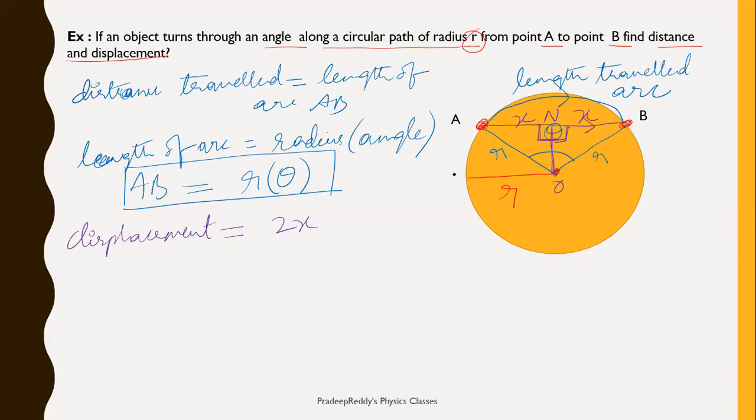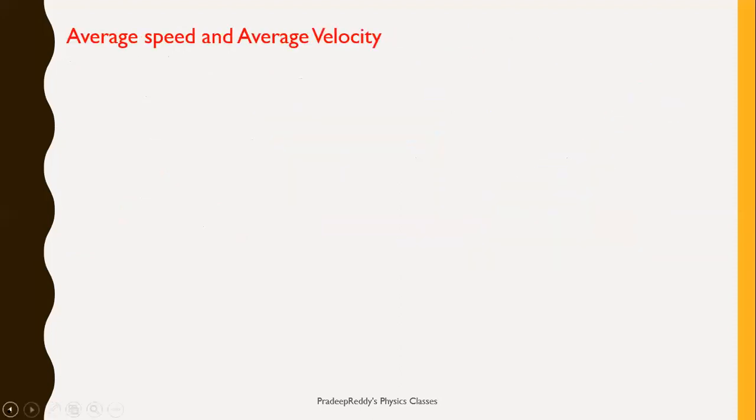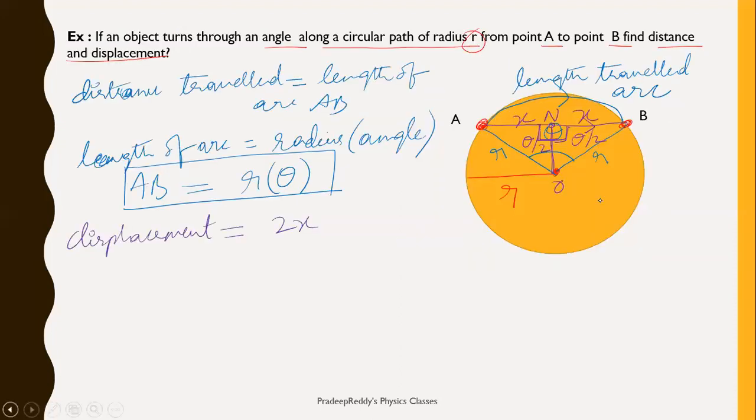This value I am considering as x. Total angle is theta. This will be theta by 2, and this will be theta by 2. Now I can write sine theta by 2 is equal to opposite side divided by hypotenuse, that is r.